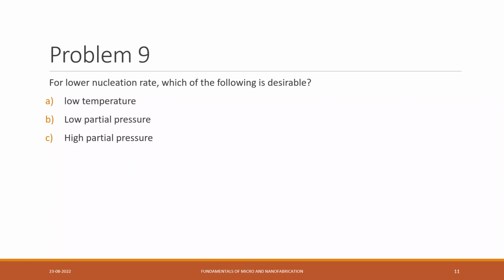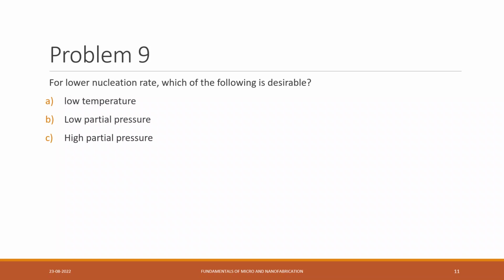Coming to the answer, here we have to get a lower nucleation rate. The first is low temperature. Taking the example of water, when we need to nucleate it, converting water to ice, it forms a nucleus and then the crystals form. In that process, we have to lower the temperature.